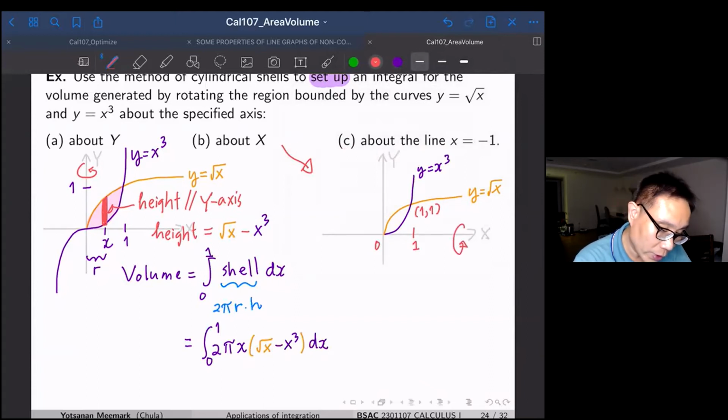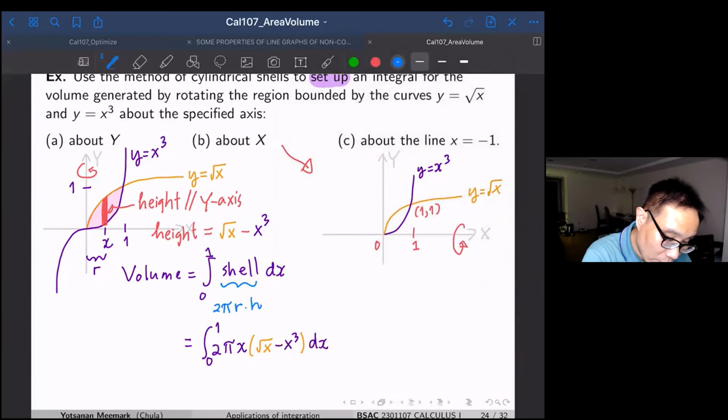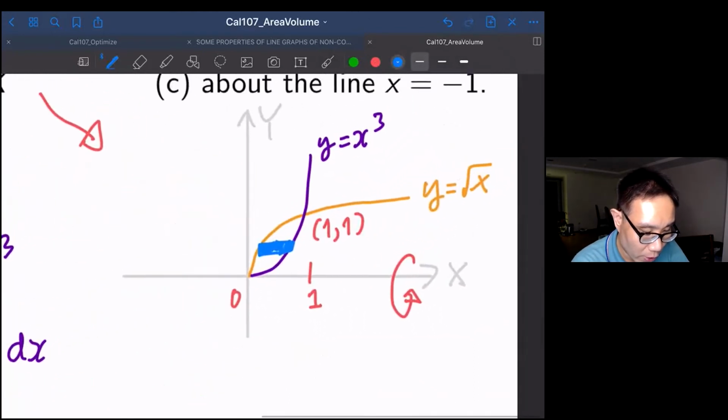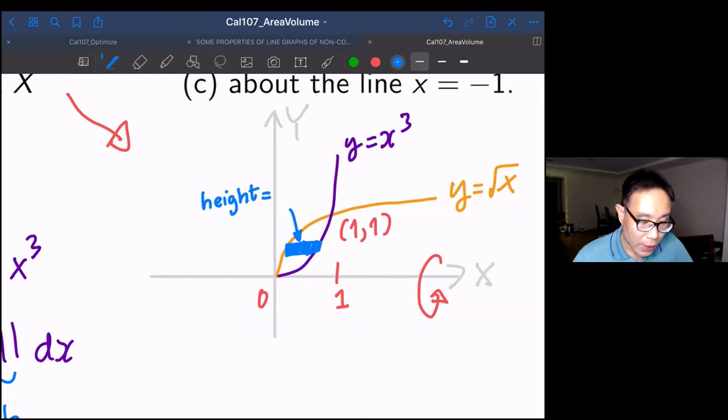So when you rotate this about the x-axis and you want to use the cylindrical shell, you need to draw the height. Okay, so the height will be parallel with the x-axis. For this picture, you see that I have the height here, and you have the height here, so it's gonna turn out to be x cubed.